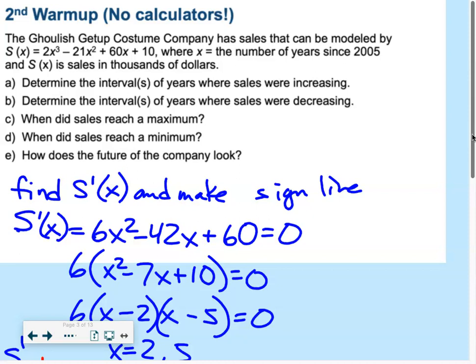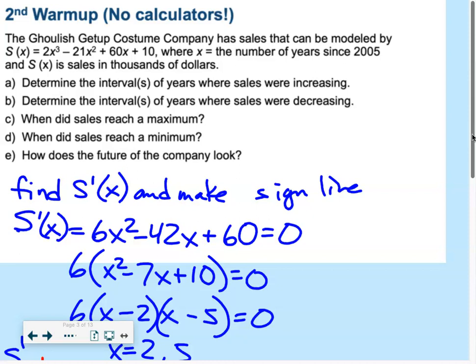If you were talking to someone in a conversation, hey, when did the sales hit a min? You wouldn't say you hit a min the first day you started. Of course your sales are at a min on your first day because you haven't sold anything yet, right? But I wouldn't call that the low point for the company. I would just say that's when we started.